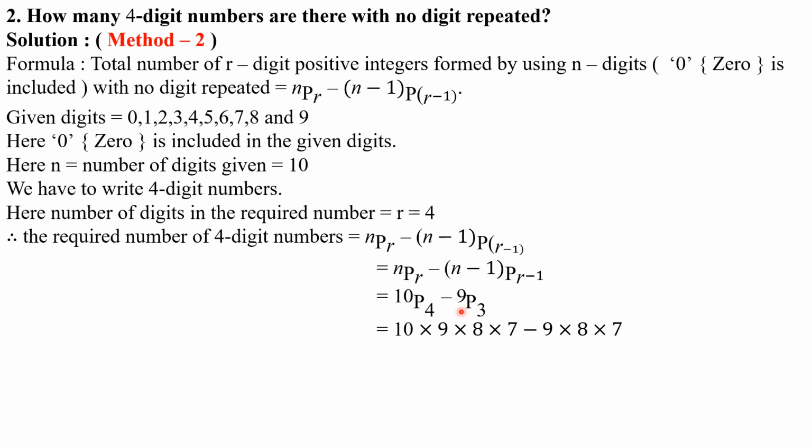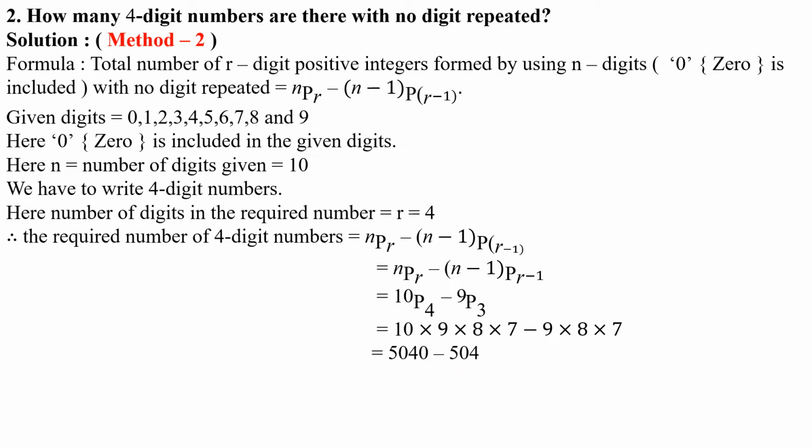Starting from 9, we write the natural numbers in descending order up to 3 factors. So 9 into 8 into 7. After expanding this notation, we find the value of the first term and the value of the second term. The value of the first term is 5040 and the value of the second term, 9 into 8 into 7, is 504.